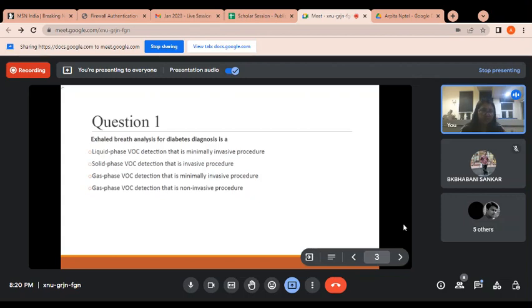Then we detect the molecules, and all the processes are outside of the body. It is called non-invasive. And if we put the device into the body, then it is called an invasive process. But what is happening for the minimally invasive process, like a glucometer? When we put a drop of blood onto this device, then it detects the glucose level.